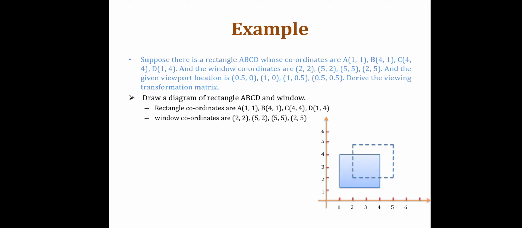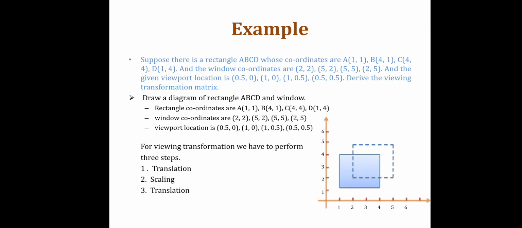So these are the window coordinates. I am representing this window as a dotted box, and the rectangle as solid lines, right. With that, the viewport location is also given here. We are going to use this viewport location whenever we convert our window to the viewport.